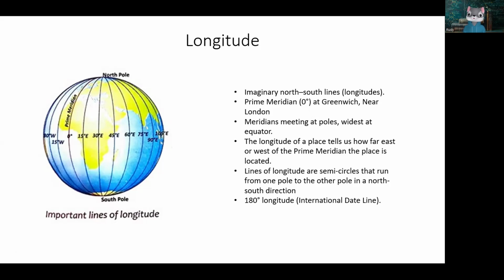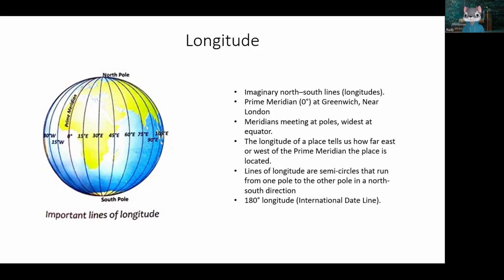The longitude of a place tells us how far east or west it is from the prime meridian. Lines of longitude are semicircles that run from one pole to the other in a north to south direction.